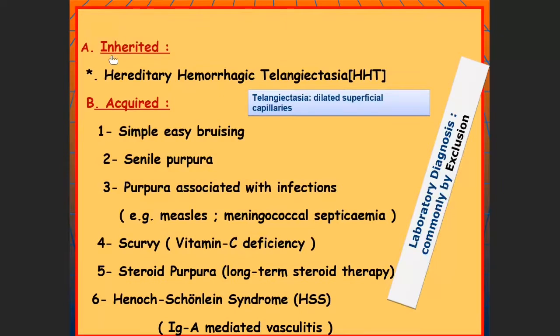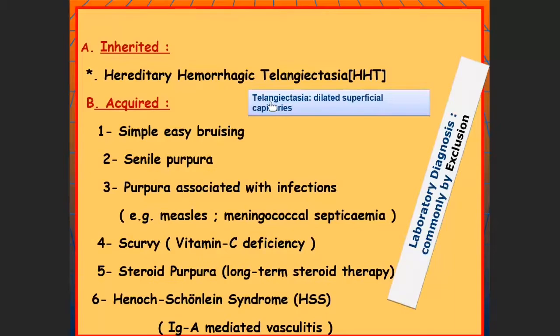An example of inherited vascular purpura is hereditary hemorrhagic telangiectasia. Telangiectasia means dilated, fragile superficial capillaries. In this condition, the capillaries are very fragile and dilated in the GIT, from the mouth down to the anal canal.